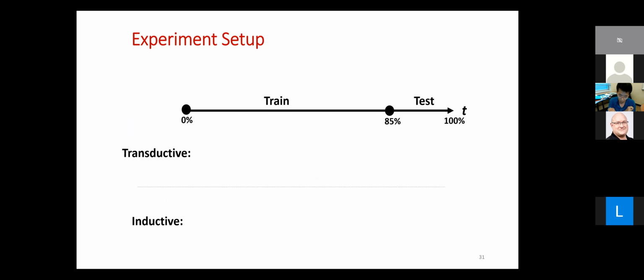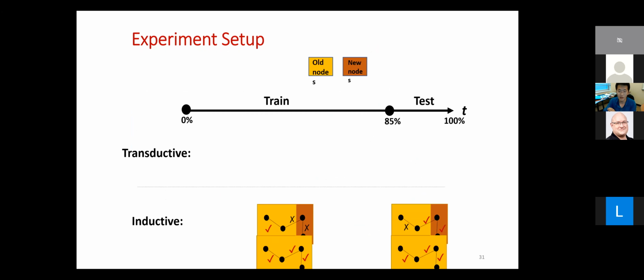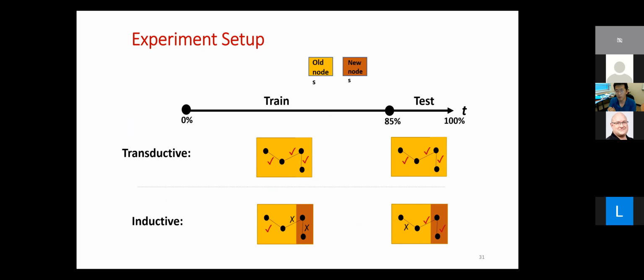Let's first see some experiments. We want to test in both the transductive setting and the inductive setting. In the transductive setting, it's the same case as before: we only have one network, and we train our model on the first part of the edges and test it over the remaining edges.